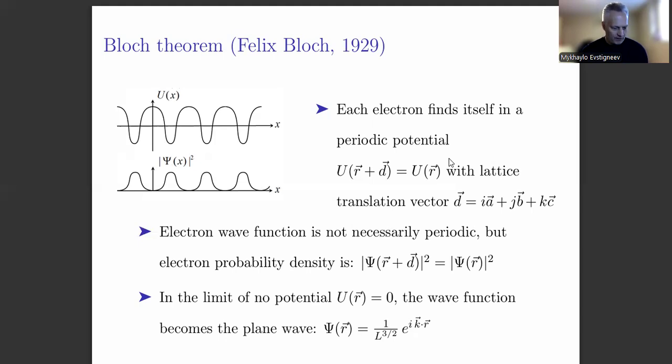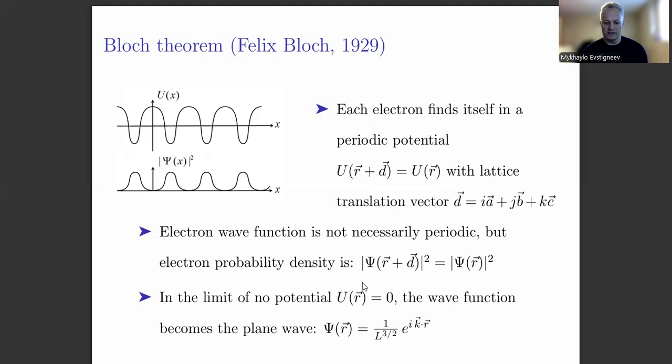But the observable, the measurable quantity associated with the wave function, the probability density to find an electron at a particular point, which is the modulus squared of the wave function, must have the periodicity of the crystal lattice.